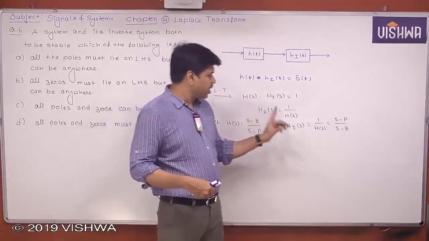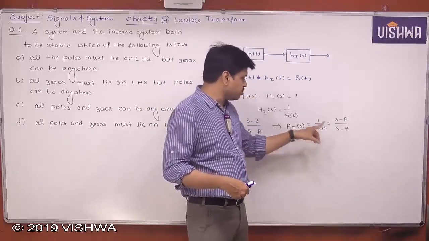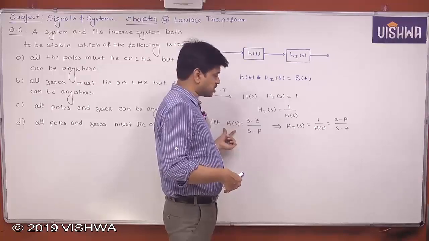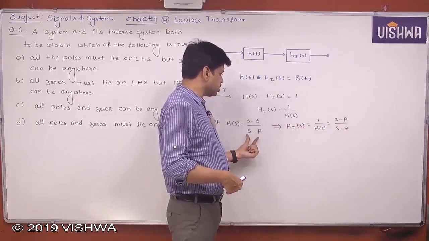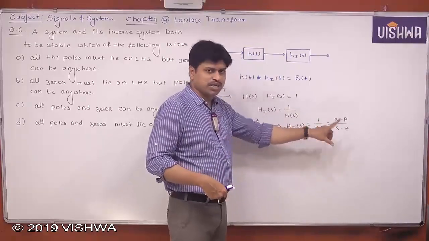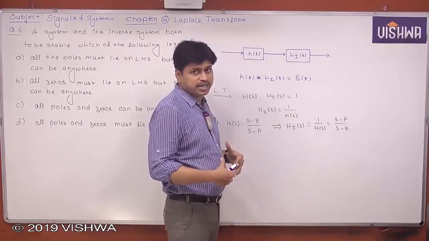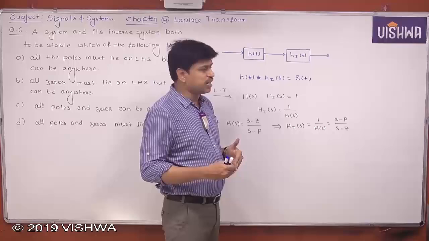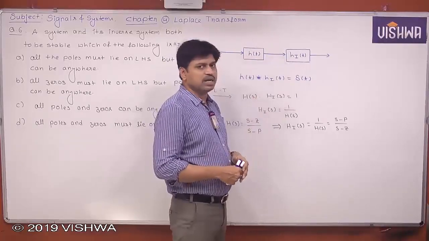Because for the inverse system, whatever the poles are, they are the zeros of the original system, and whatever the zeros are here, they are the poles there. So all the poles and zeros have to be in the left half of the s-plane, so that both the system and its inverse system are stable.